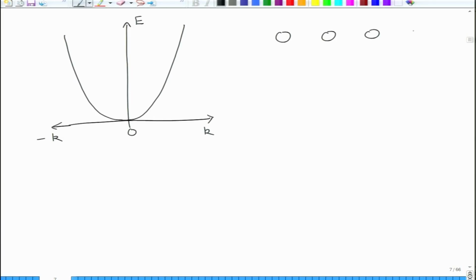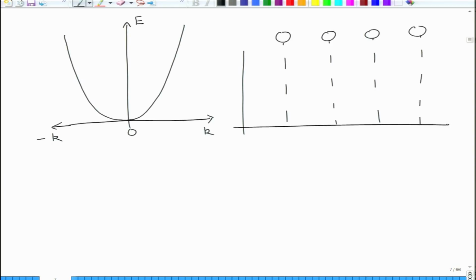So if you have a lattice like this, and you just take a one dimensional model of the lattice, then if you plot the periodic potential, the potential in the lattice would be something like this. If I take the potential as V and distance as x, the potential varies something like this.